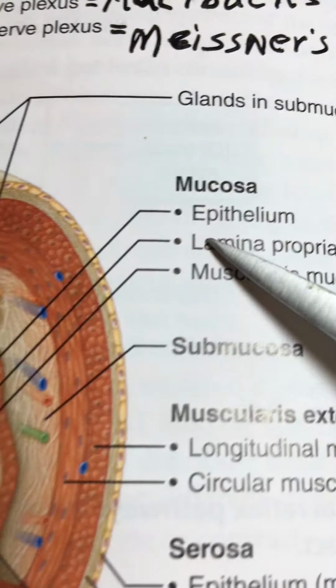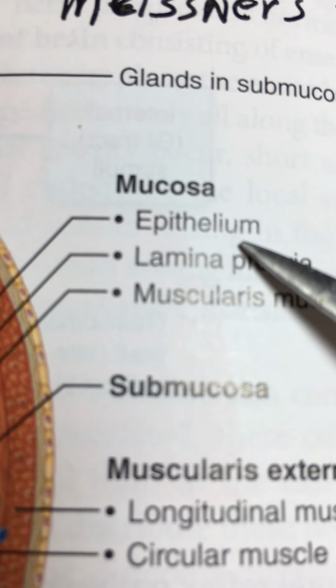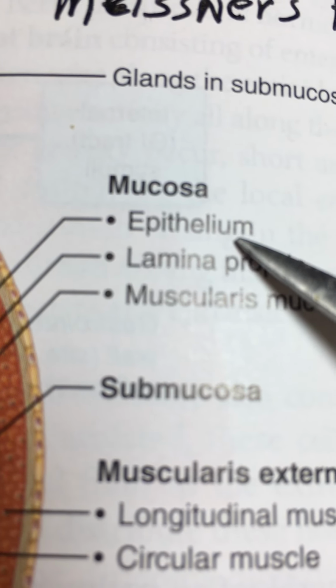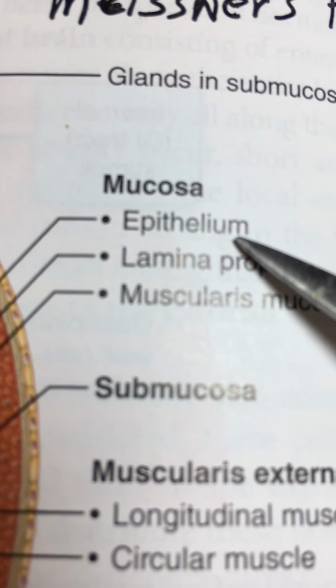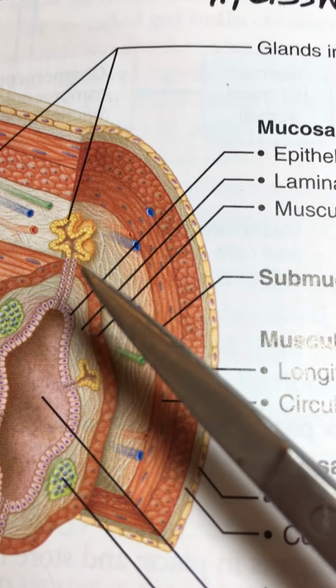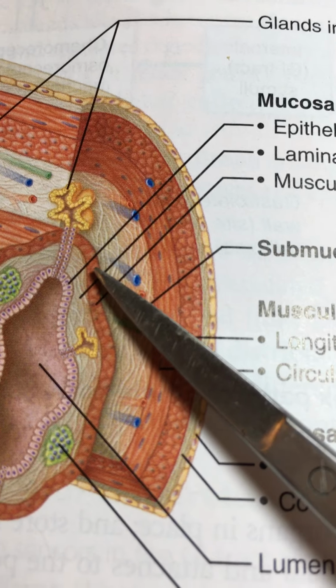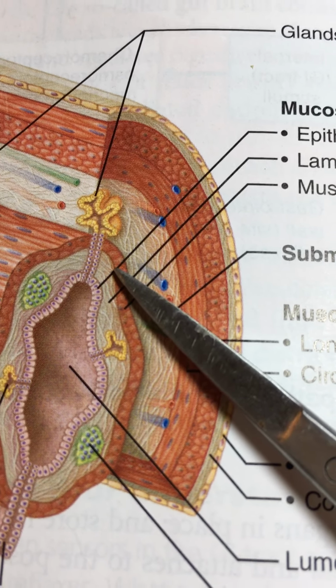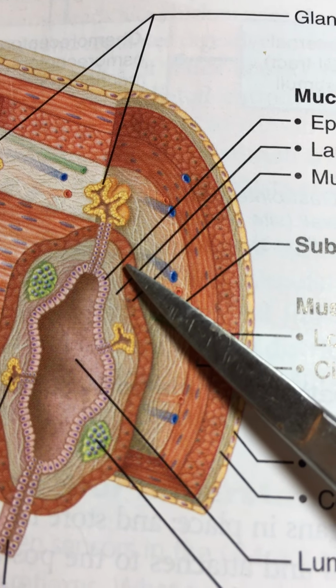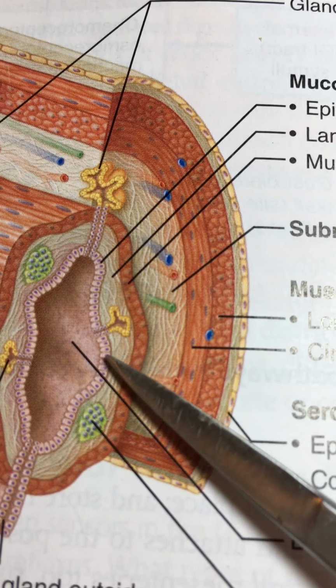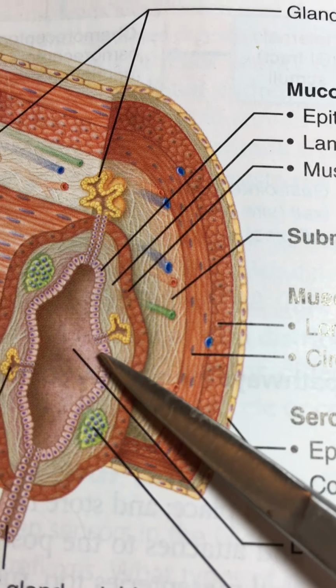There's going to be what's called the epithelial layer here, which in many cases will be a simple columnar epithelium. Once we get to the small and large intestine, that will be having the appendage of the microvilli for absorption. That's going to be an absorptive function.